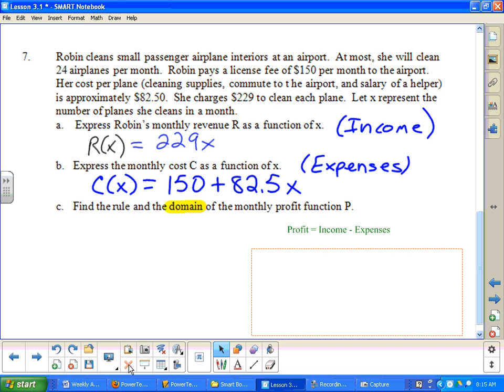It says find the rule and the domain of the monthly profit function P. So we're trying to find profit. Profit is revenue minus costs, or income minus expenses.